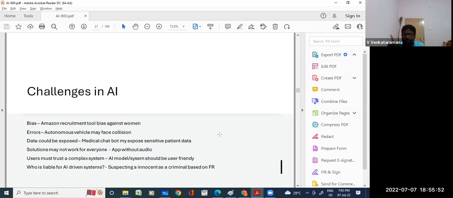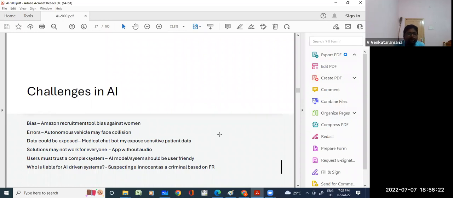During the COVID time, I think, I got some messages about an application: if you keep your fingerprint on the camera scanner, it will tell whether the person has COVID or not. Don't do that, there is a possibility of misleading with your fingerprints. So maybe they developed a complex system, but I have to trust it, right? That is also required, especially in AI applications.